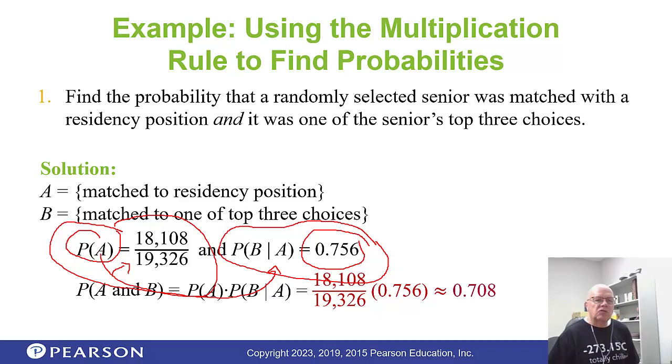Our first one times the second one, and our probability of a randomly selected senior was matched with residency position and they got one of their top 3 choices. Multiply those two probabilities, these two, and there's our probability right there.